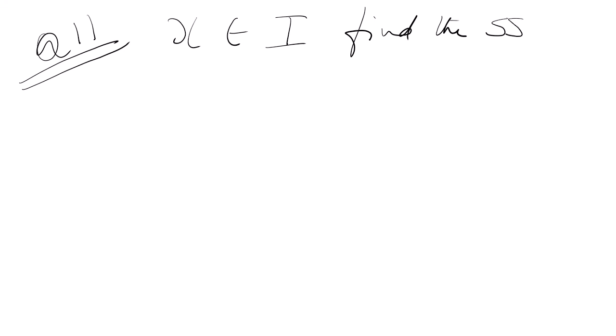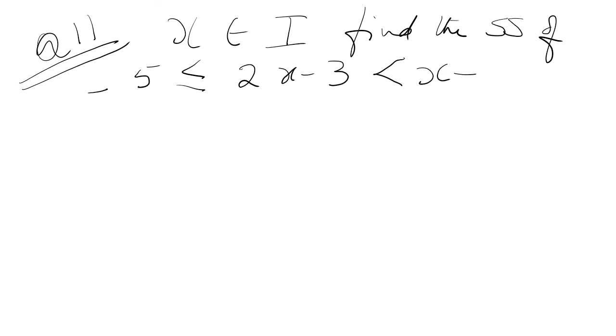Okay, the question says x belongs to I, is integer. Find the solution set of minus 5 less than or equal to 2x minus 3 less than x plus 2. So there are two inequality signs, so you have to break it into two inequations.